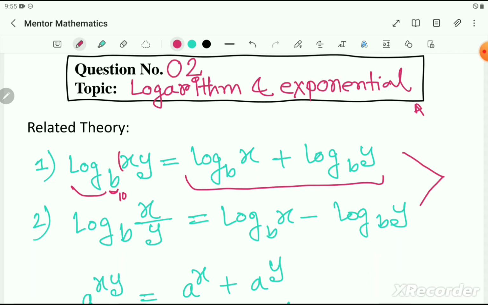So if there are two variables like x and y multiplied by each other, it can be written as log b x plus log b y. Similarly, if two variables are divided by each other, like x divided by y, it can be written as log b x minus log b y.